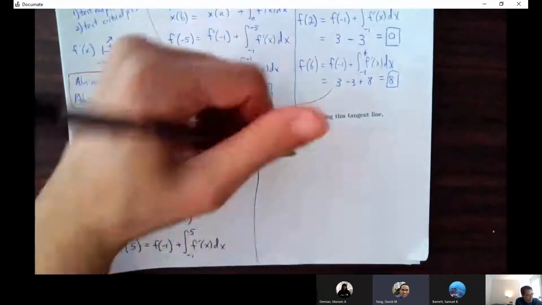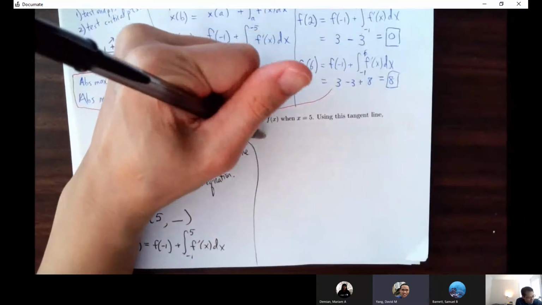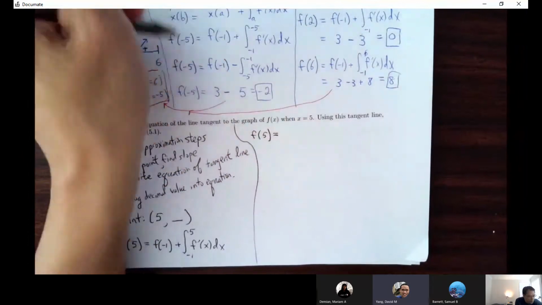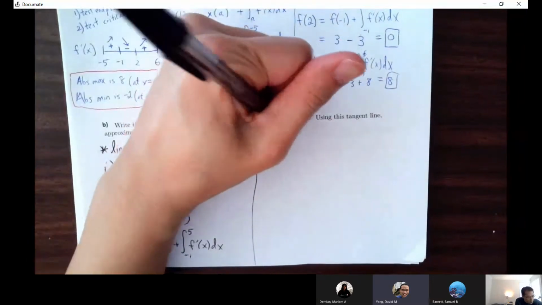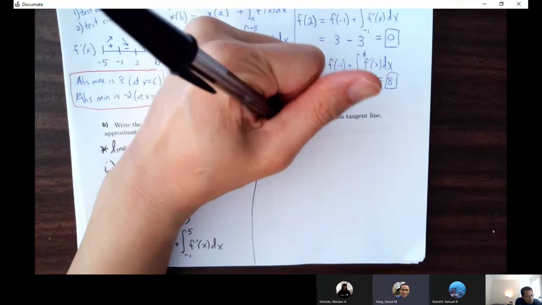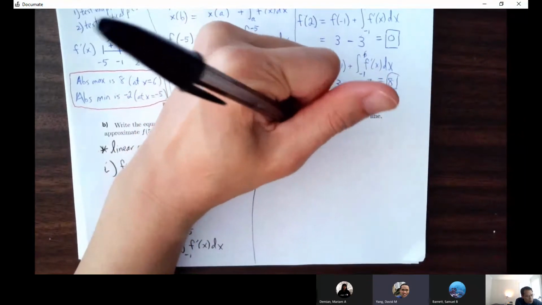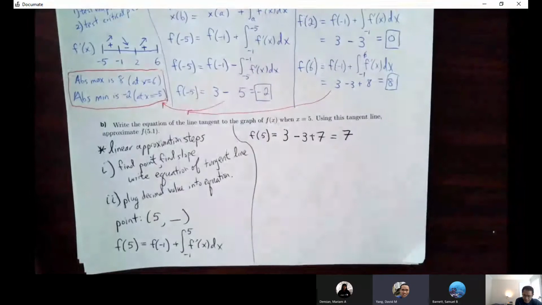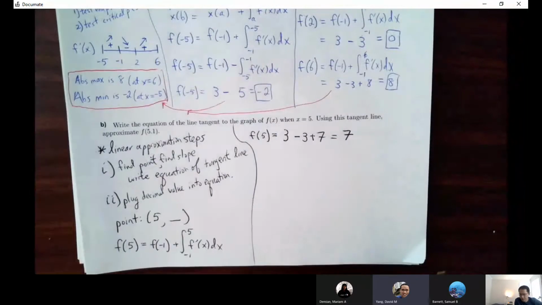All right, negative 3 plus 7, which is 4. So 4 plus 3 is 7. Okay, so that's my ordered pair.